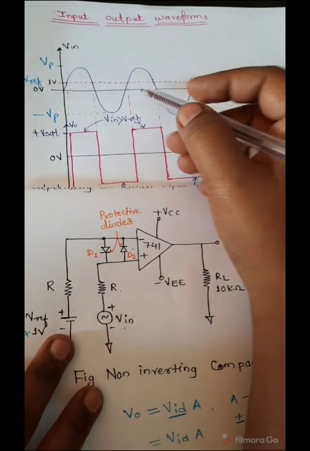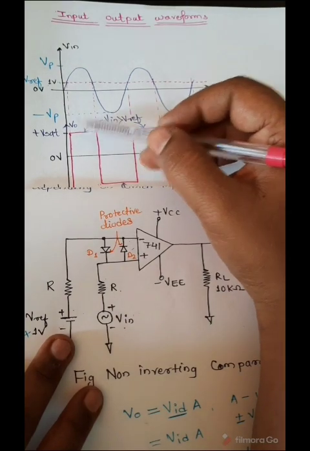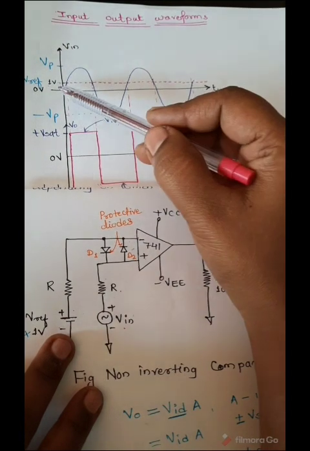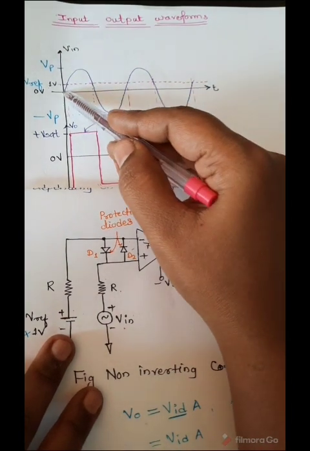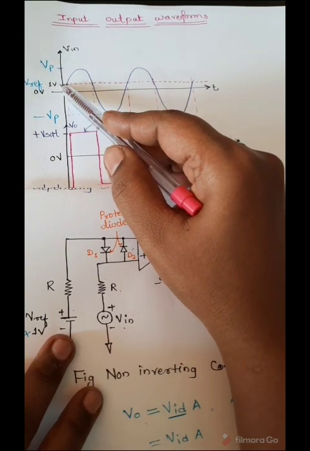Now we have to compare the two input signals and find out the polarity of the output. When we provide the sinusoidal input signal, at this point Vin is less than the reference voltage.